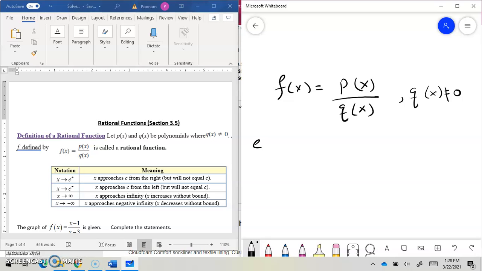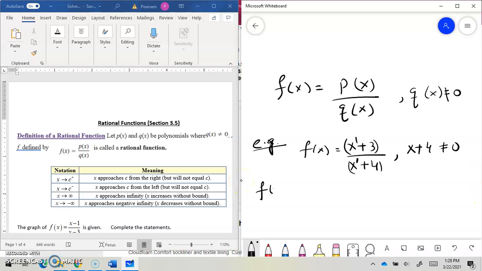So an example of this would be, say, f of x is x plus 3 divided by x plus 4. If you notice, the numerator is a polynomial with degree 1. The denominator is a polynomial with degree 1. This is an example of a rational function, provided x plus 4 is not equal to 0.